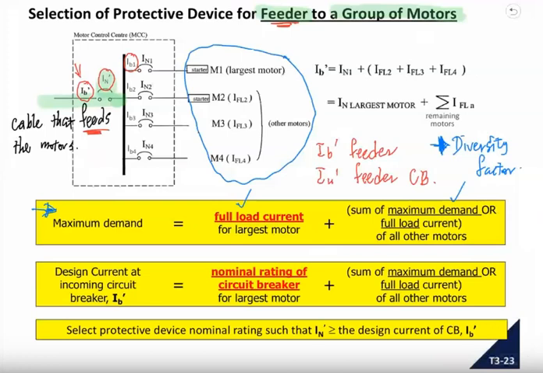So in this case, if we need to apply diversity factor, the maximum demand expression will look like this: 100% I full load largest motor, plus 80% I full load second largest machine, plus 60% I full load of rest of machines.